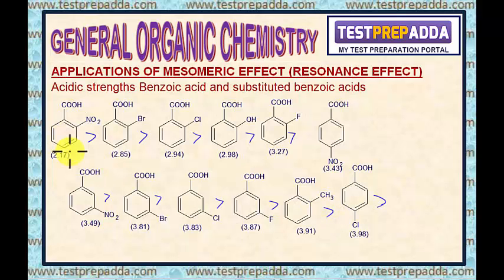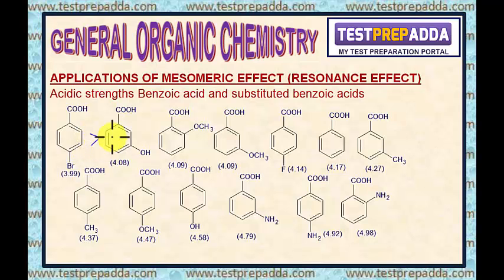You can see orthonitrobenzoic acid is most acidic here, and after parachlorobenzoic acid we have parabromobenzoic acid, and this way you can see different substituted benzoic acids. So here you can see ortho position NH2 is attached. This is the least acidic here among given acids.